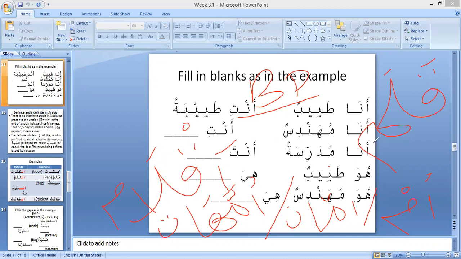Bint. What is bint? Girl. Yes, bint is a girl or a daughter. What is the dual of bint? Bintan, yes, bintan. Then the plural is banat. Banat.